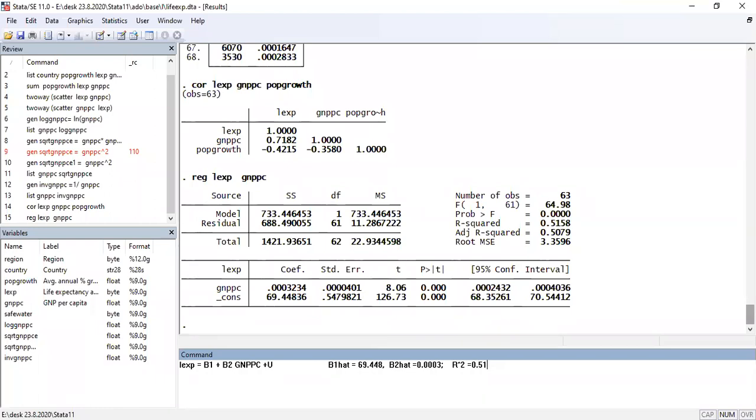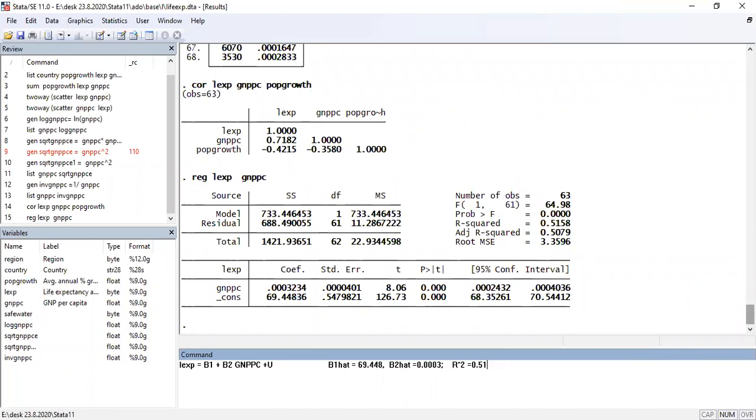Anybody want to slightly improve upon her definition? 0.51 of life expectancy can be explained by GNP per capita.